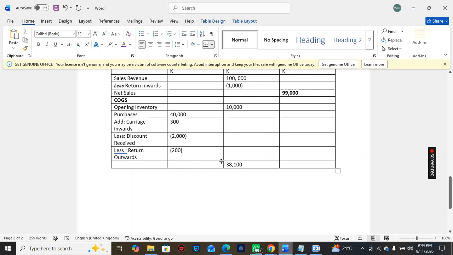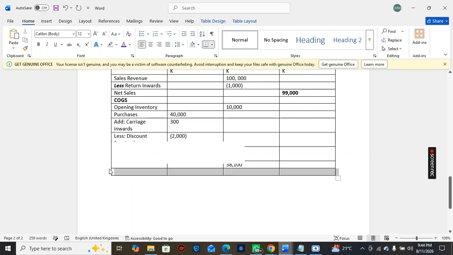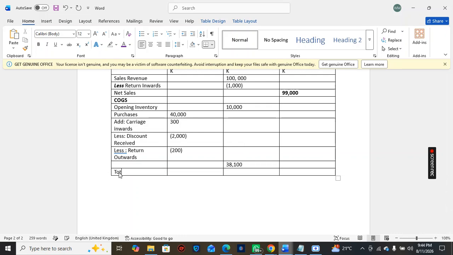Any questions, colleagues? So this 38,100 represents all the cement you bought for that month. That's the cost of all the cement you bought that month. So now you want to get the total cost of goods available for sale, the total cost of all the cement you had that month.